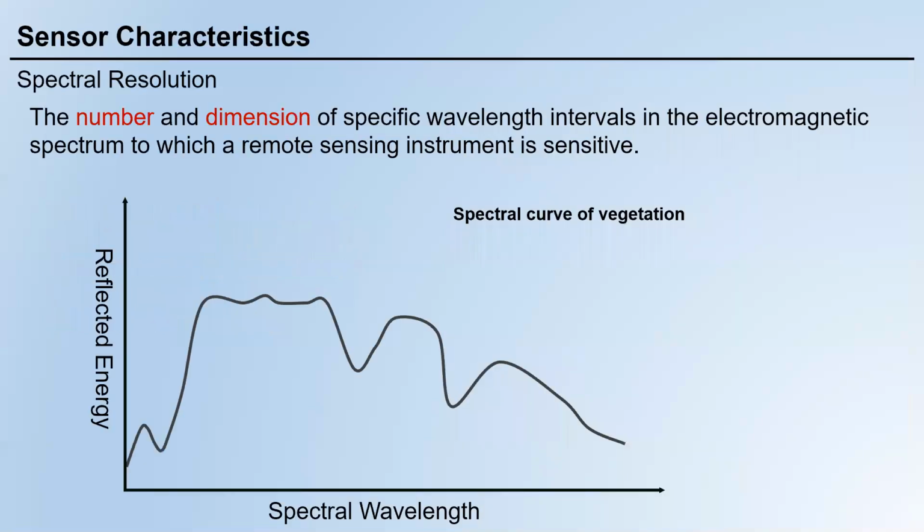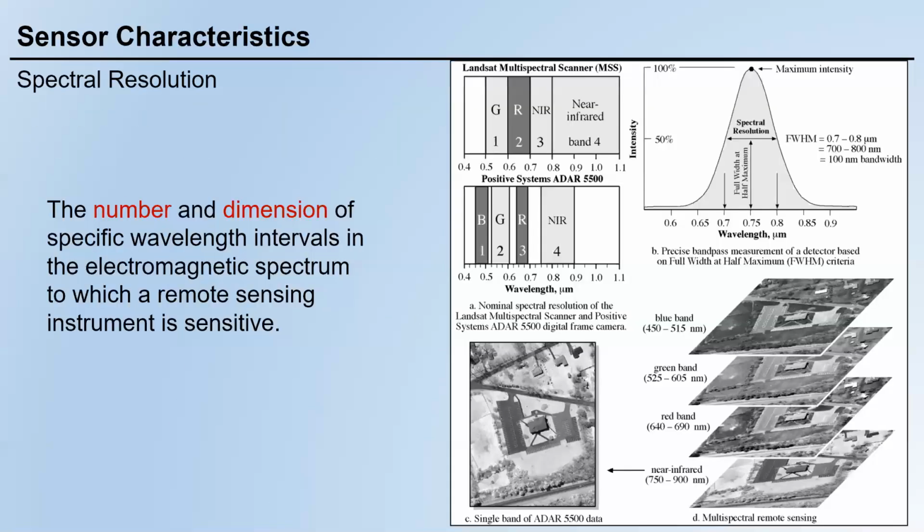But when we're talking about the width of each band, the narrower the better. The narrower the band, the better the ability that this sensor has to detect small changes in reflectance.